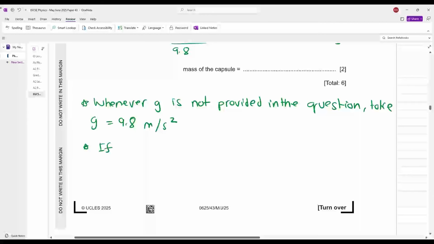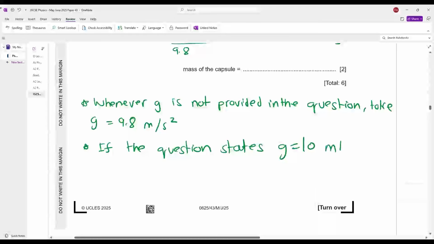If the question states G is equal to 10 meters per second square, then take G is equal to 10. Simple. So if the question is providing you with the value of G as 10, then take the value of G as 10. If it is not providing, then take it as 9.8. Very simple rule to remember.